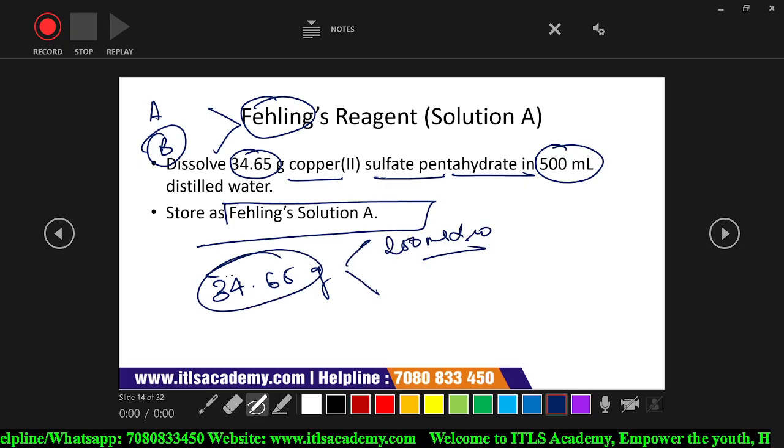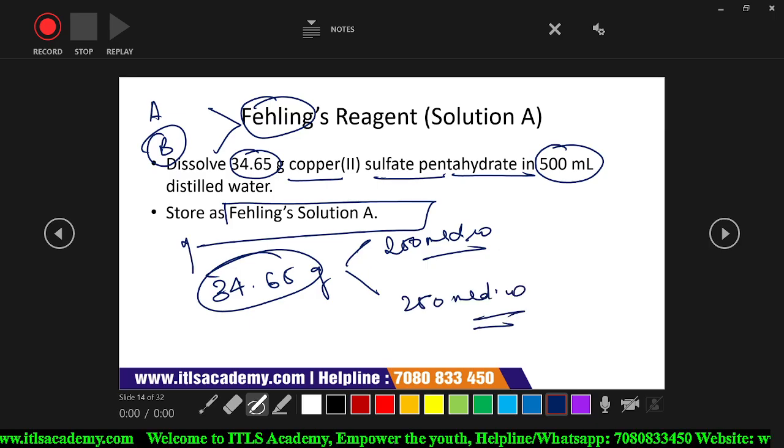When it is completely dissolved, we add the remaining 250 ml of distilled water, and then we store it in a bottle and label it as Fehling solution A along with the date.